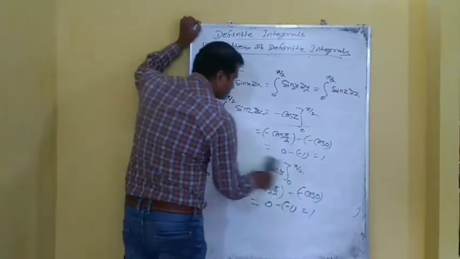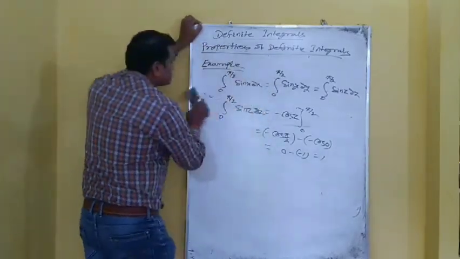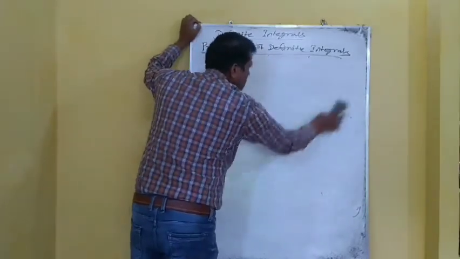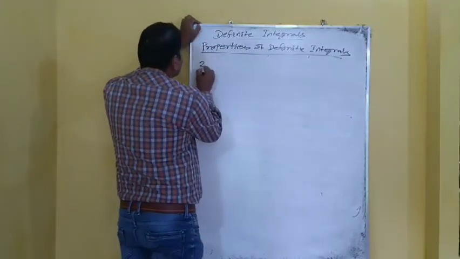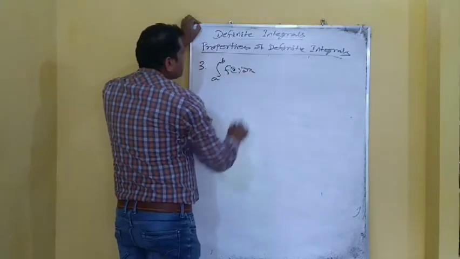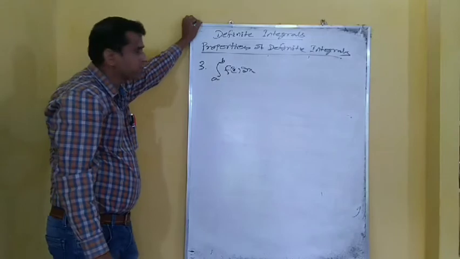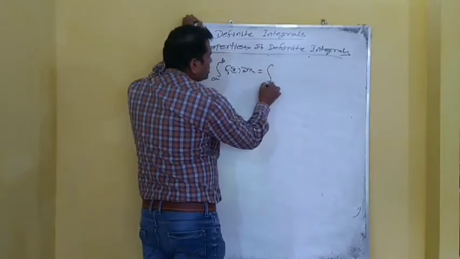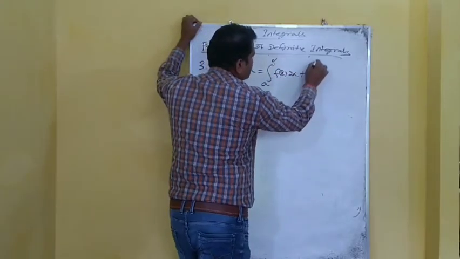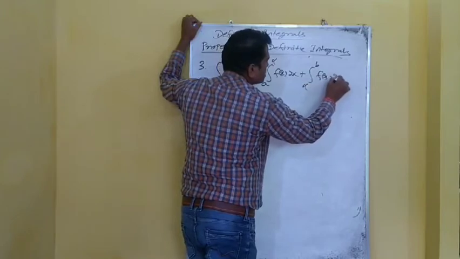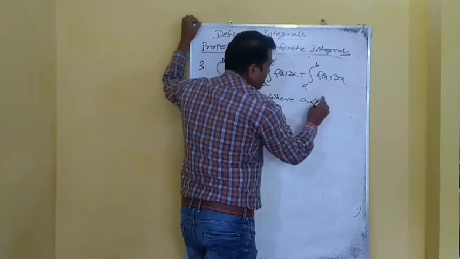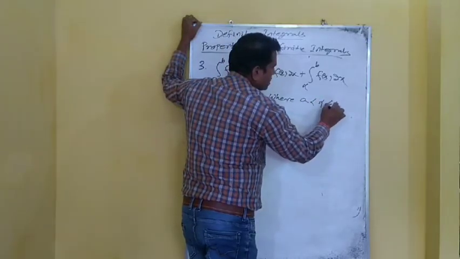Next, the third property: the integral from a to b of f of x dx is equal to the integral from a to alpha of f of x dx plus the integral from alpha to b of f of x dx, where a is less than alpha, which is less than b.